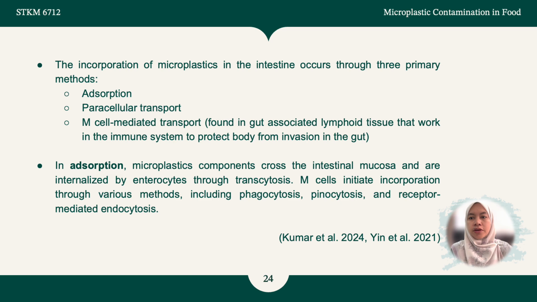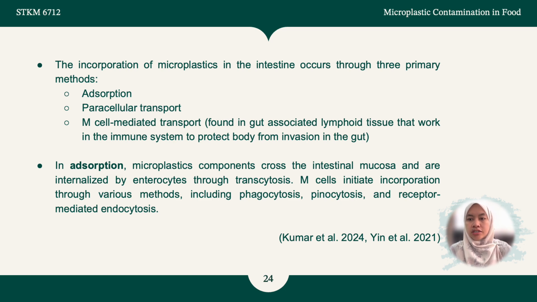The incorporation of microplastics in the intestine occurs through three primary methods, which are adsorption, paracellular transport, and M-cell mediated transport. In adsorption, microplastic components cross the intestinal mucosa and are internalized by enterocytes through transcytosis.